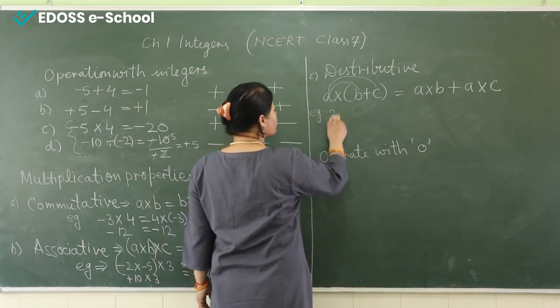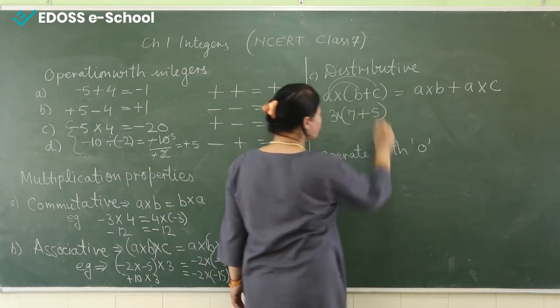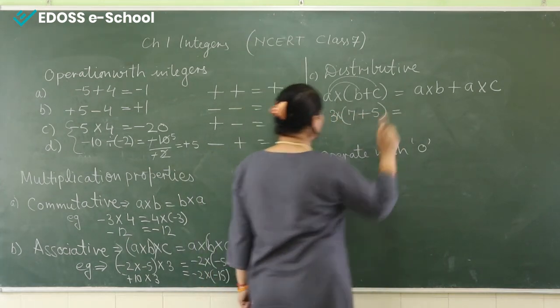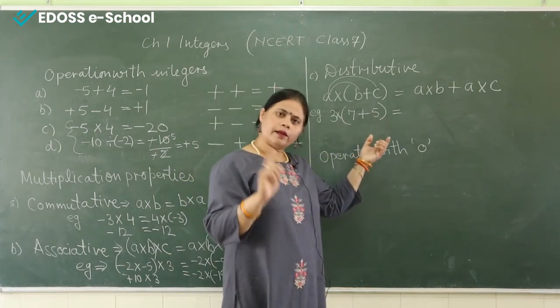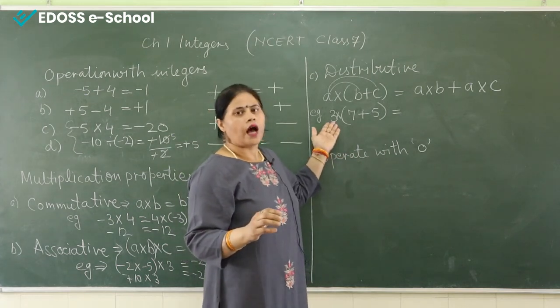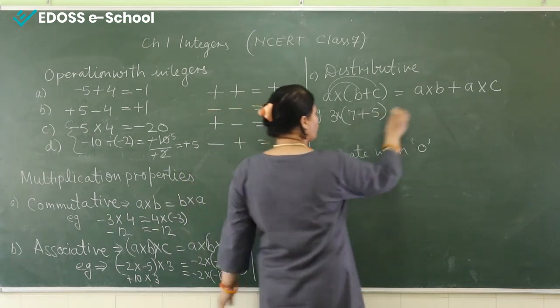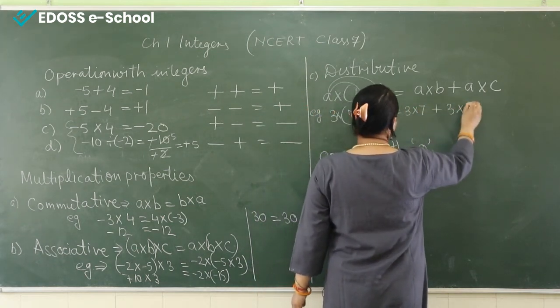If I gave you 3 multiplied by 7 plus 5, what you will do first of all, remember one thing, you don't solve the bracket first and then multiply. In the distributive law, you have to distribute the outer integer, right? So first of all you will write down 3 multiplied by 7 plus 3 multiplied by 5.